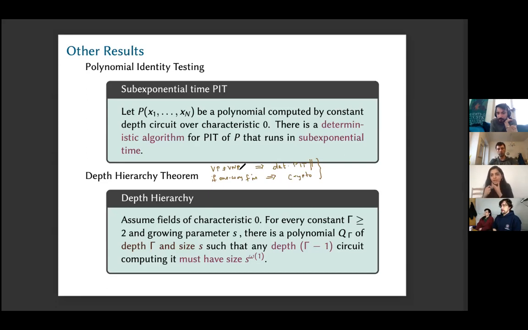And therefore, to have your hands on that object is very important. So the thing that goes into this are called Nisan-Wigderson generators. And these generators are trying to, so in the pseudo-randomness literature, I'm throwing too many jargons here. So let me be concrete.